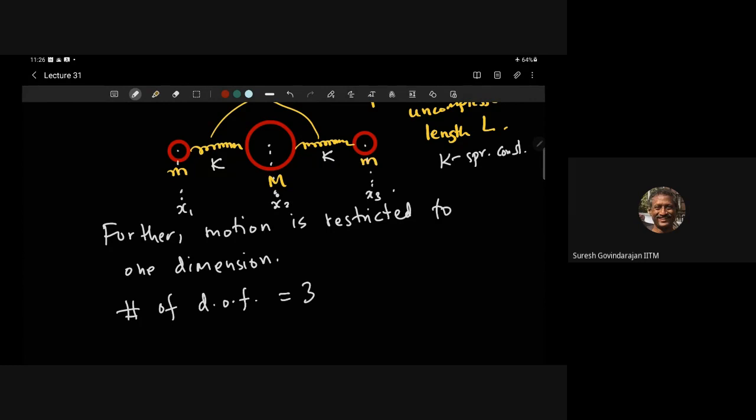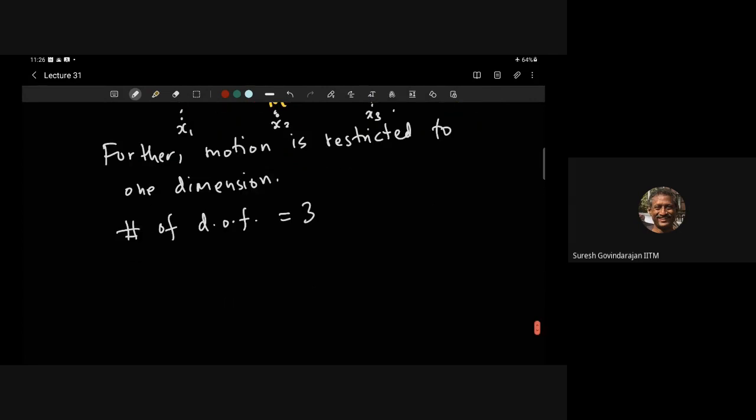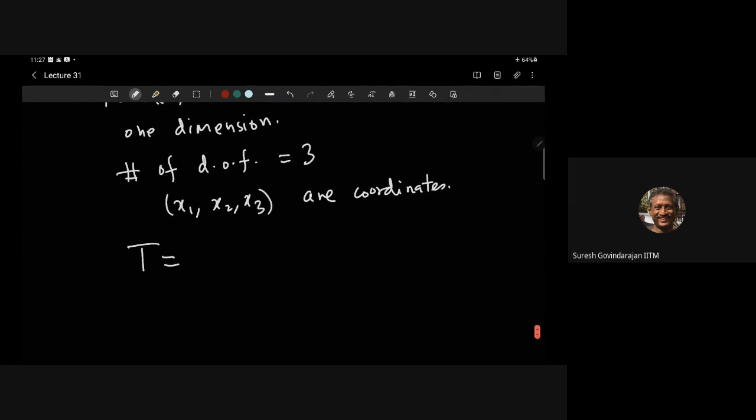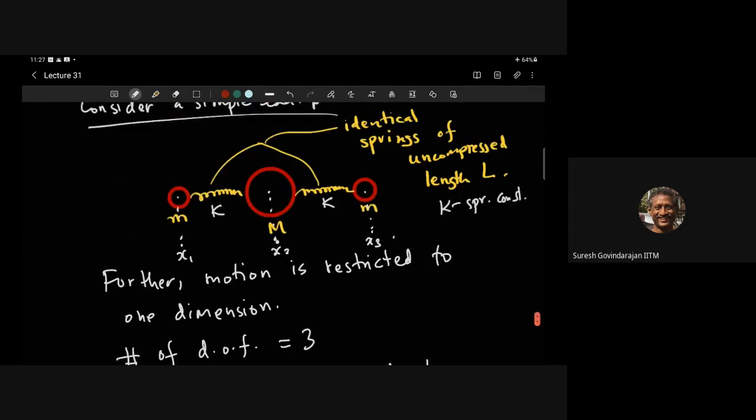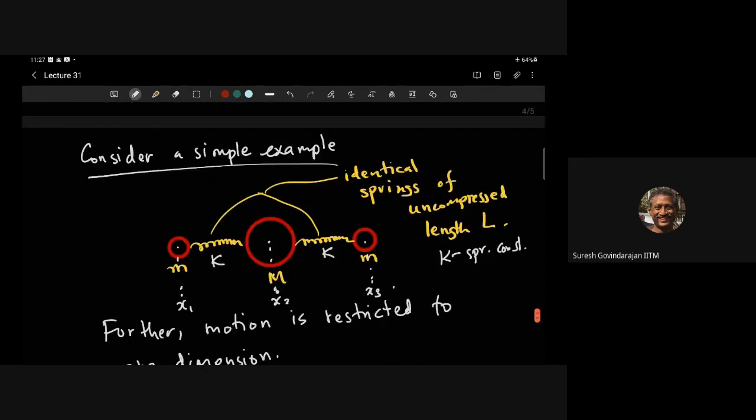I just drew them as big balls. You can think of them as point objects. So x1, x2, x3 are the coordinates that we chose. Now the question is, what is T for this system? Now I need help. What is the kinetic energy?